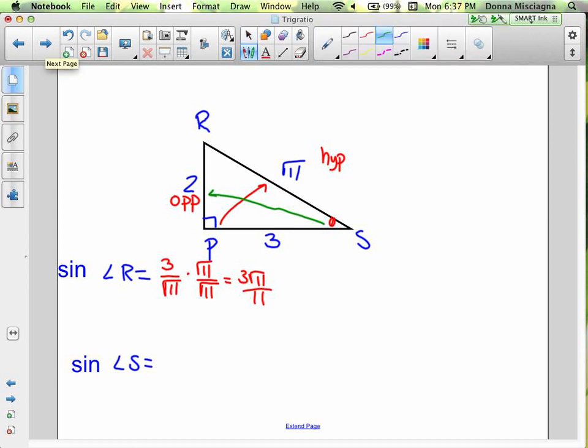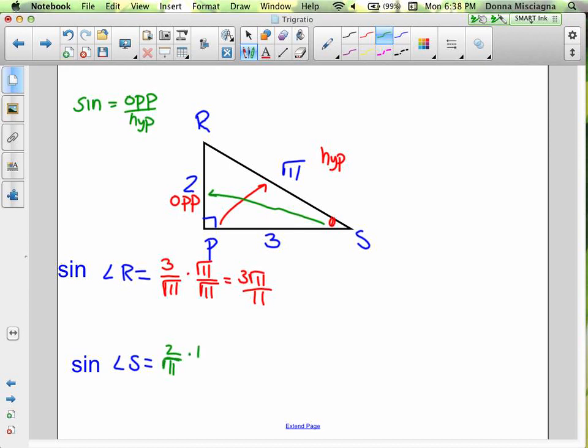So the sine ratio for angle S is 2 over the square root of 11. Excuse me, I was thinking ahead. So the opposite side over the hypotenuse. We should write that in somewhere. Let's write it in there. So sine is opposite over hypotenuse. All right, so the sine ratio for angle S is going to be 2 over the square root of 11.